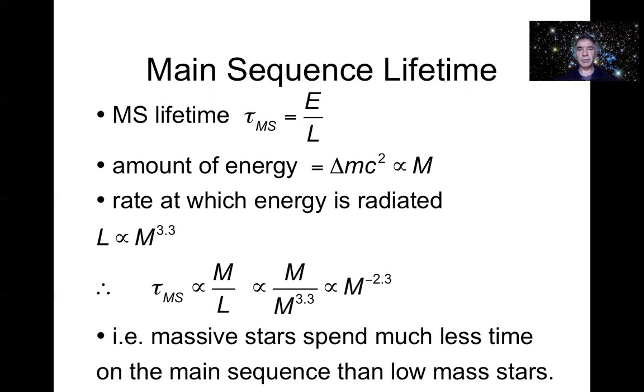So, last point before the next break. Let's have a look at another key idea, and there are a lot of key ideas in this lecture: the idea of main sequence lifetime. How long does a star spend on the main sequence? Something I haven't said yet is that a star starts its life on the main sequence when it is first formed out of a big ball of hydrogen.